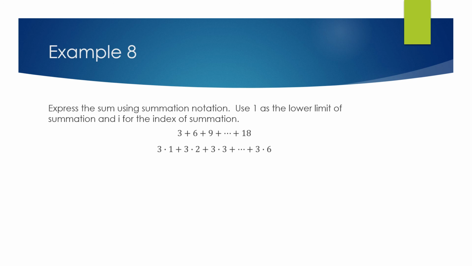So I am adding up 3 times the index, starting with 1, 2, 3, all the way up to 6. So the summation would be, as i equals 1 to 6, the summation of 3 times i.